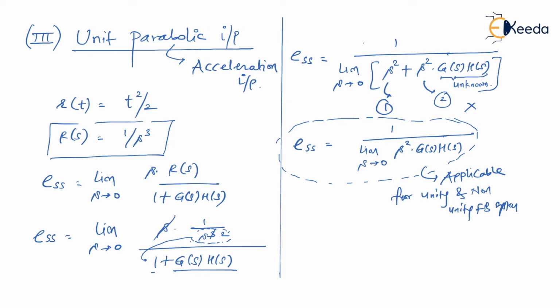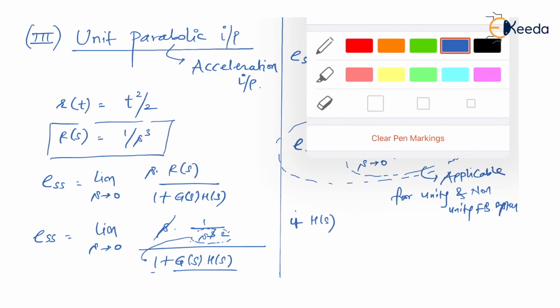But if h of s equal to 1, then the denominator which is present over here is known as acceleration error coefficient, that is Ka.